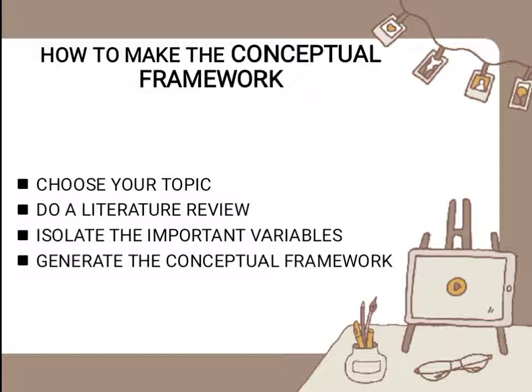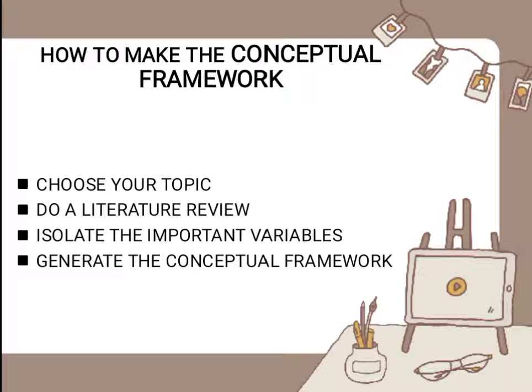Next is do a literature review. So, you need to review relevant and updated research on the theme that you decide to work on after scrutiny of the issue at hand. Preferably, use peer-reviewed and well-known scientific journals as these are reliable sources of information.